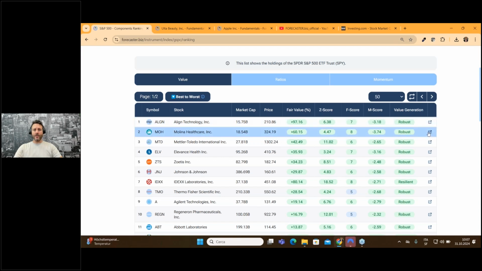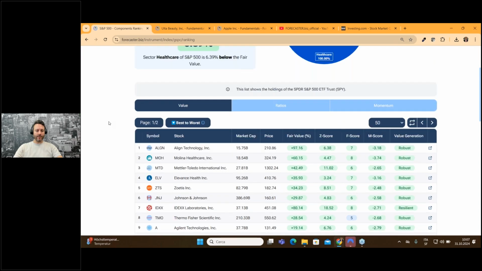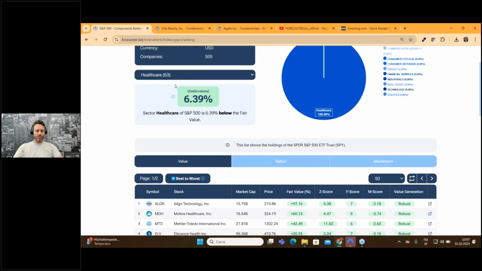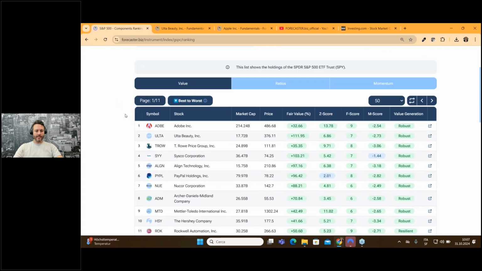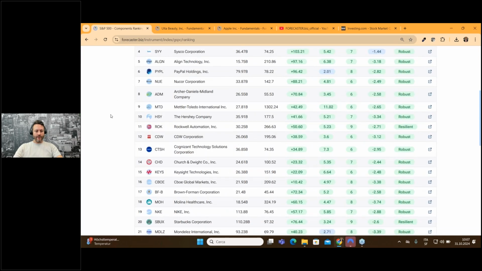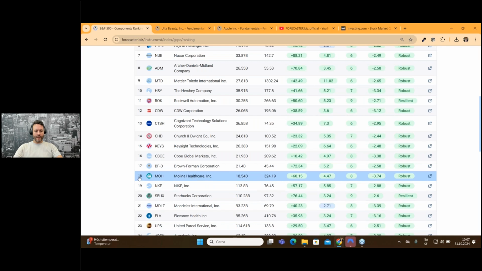So it's a very interesting company in this specific sector. If we switch to all stocks and do the best to worst, we can find that Molina Healthcare is in row 18. And this means it's a very interesting company.